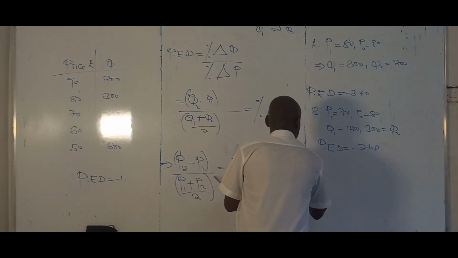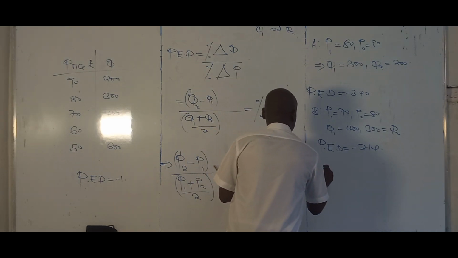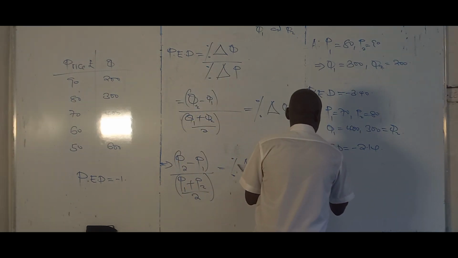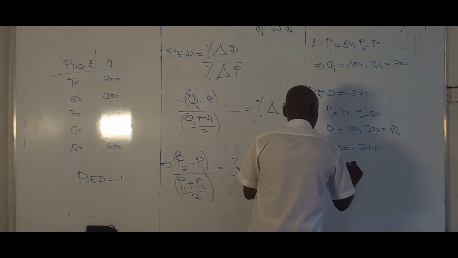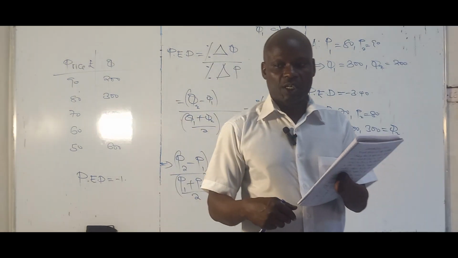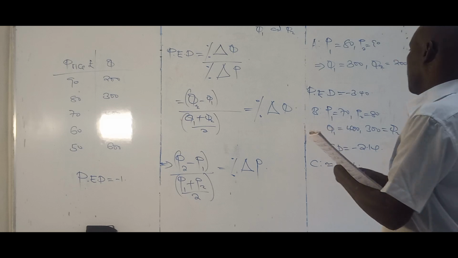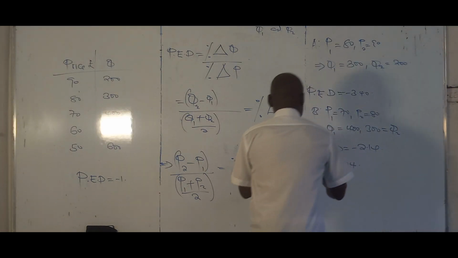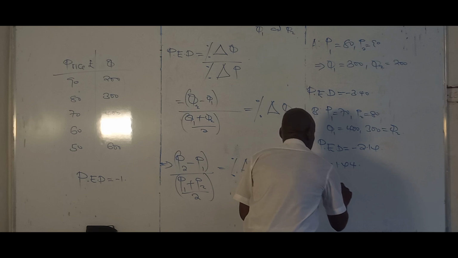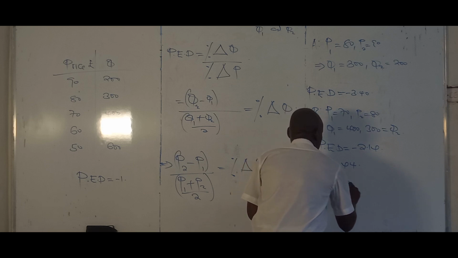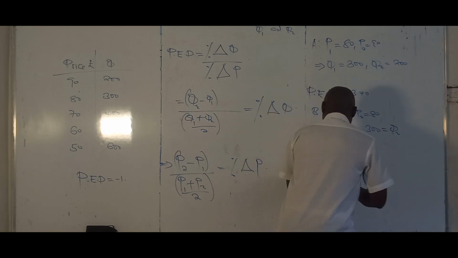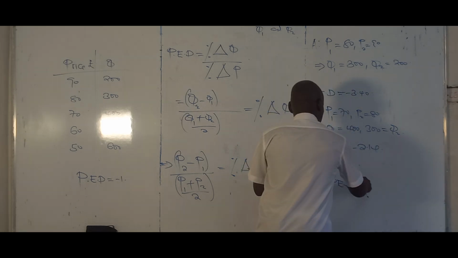And when it is C, going by the same procedure, you will find that it's approximately negative 1.44. You must work them out so that you get familiar with the steps and it sticks. Then D, you'll find that PED is actually negative 1.0.